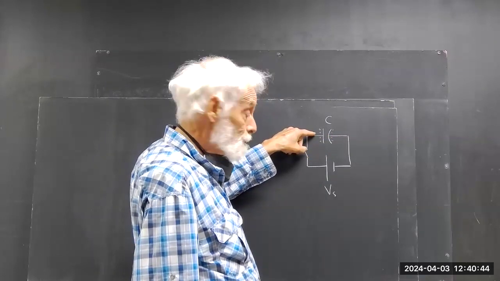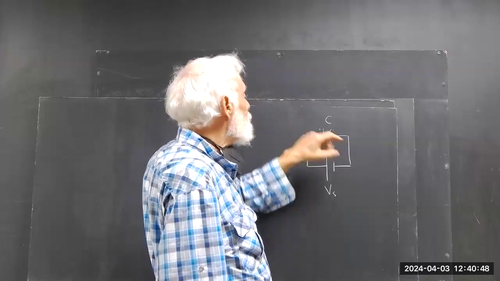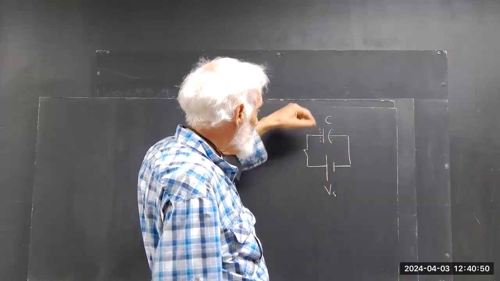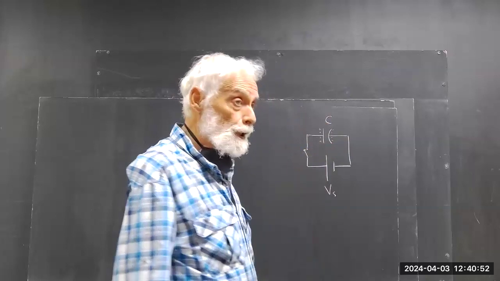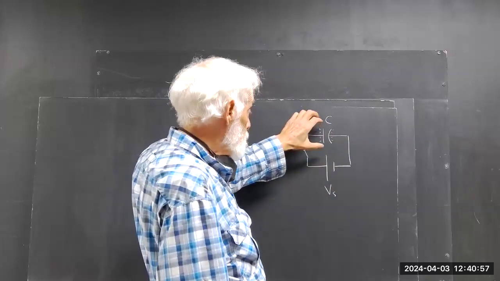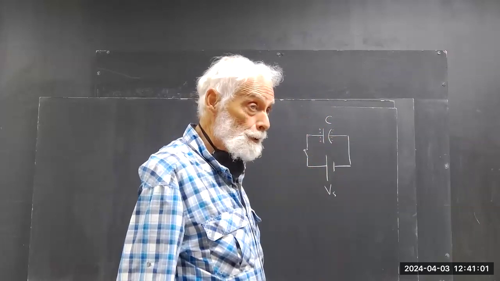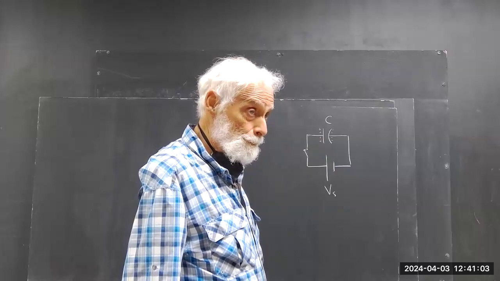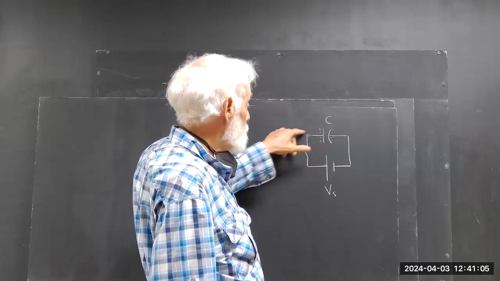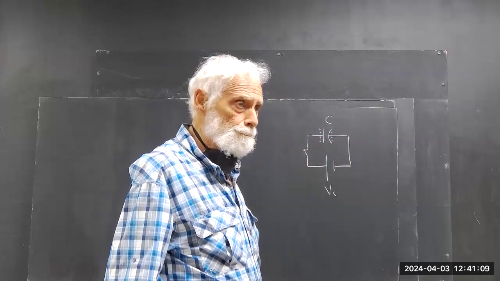You're going to be pumping charge until the voltages are equal and opposite. So you have an equilibrium when the voltage rise here is equal to the voltage drop here, because at that point you have no electric field anywhere in the wire. Makes sense?